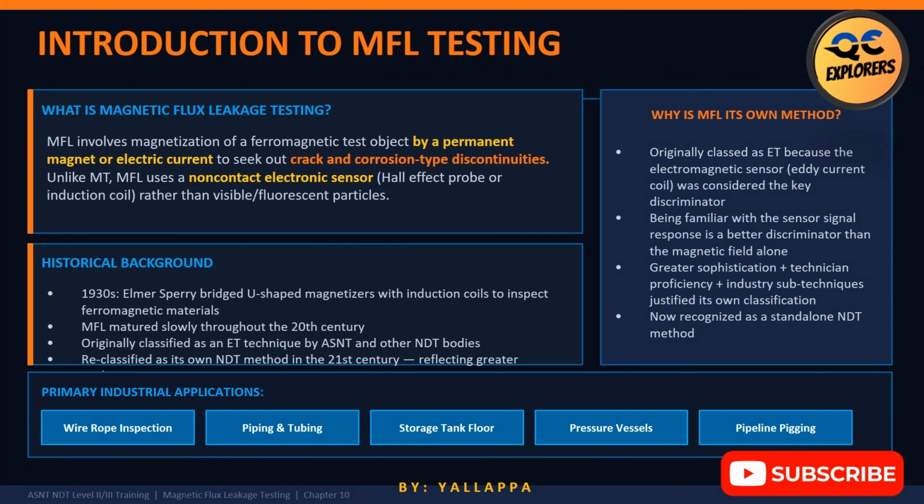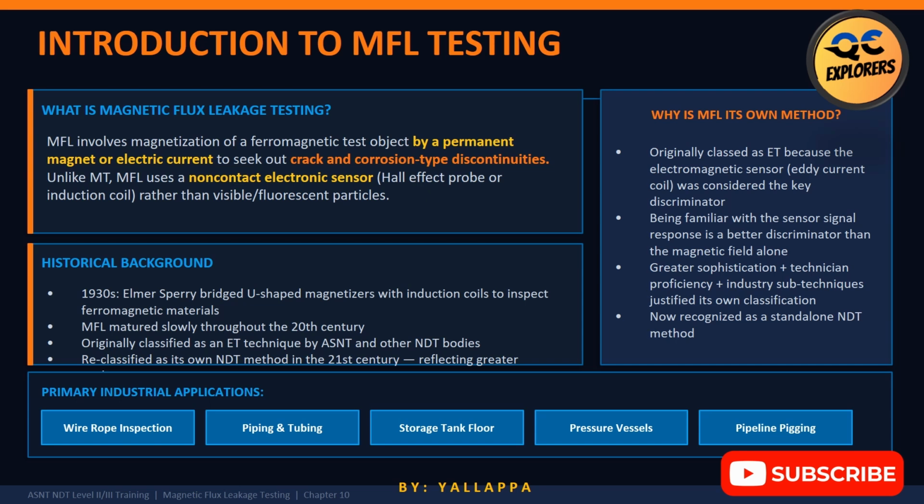So what exactly is magnetic flux leakage testing? In simple language, we magnetize a ferromagnetic object. If there is corrosion, pitting, cracking, or metal loss, magnetic flux leaks from the defect region. Sensors detect that leakage. That electronic signal tells us where the discontinuity exists. Now let me show you how this works in the real field.